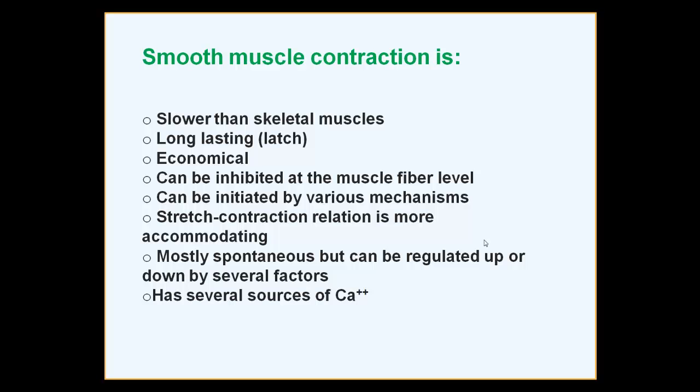Okay, now it's economical. In other words, it doesn't use much of the very valuable currency, which we called adenosine triphosphate. One ATP is enough for a latching between the myosin head and the actin for a significant long time.